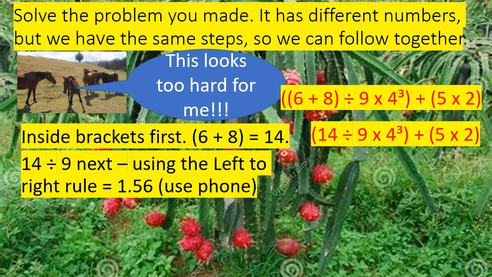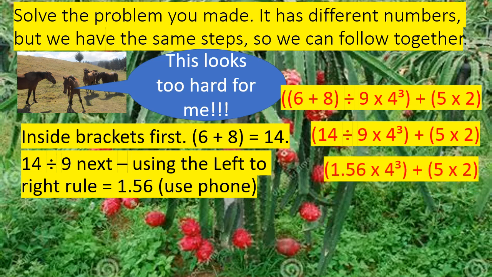So we're still inside the first bracket and we're using the left to right rule. You calculate this on your phone and the answer will be 1.56. So now it looks like this. Open bracket, 1.56 times 4 cubed, close bracket, plus open bracket 5 times 2, close bracket.